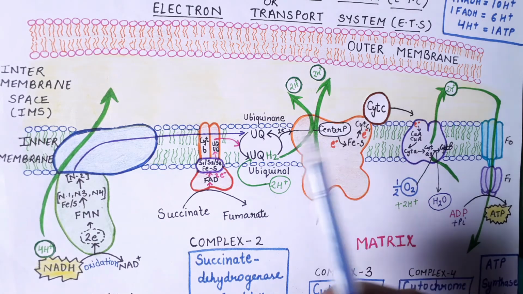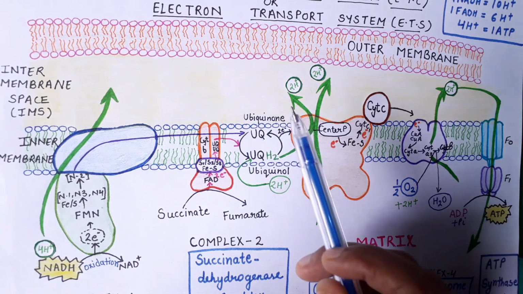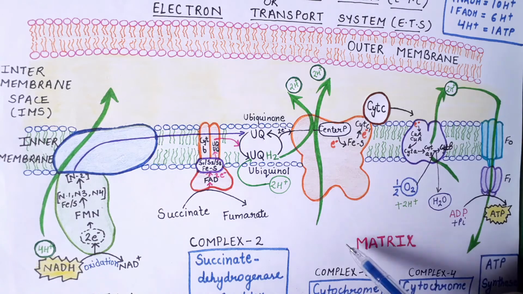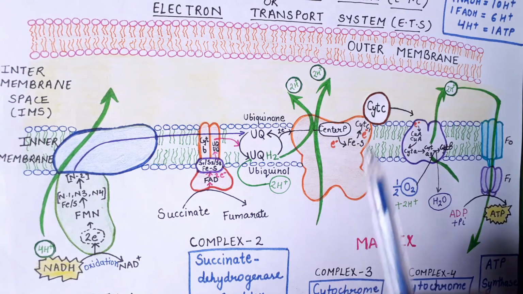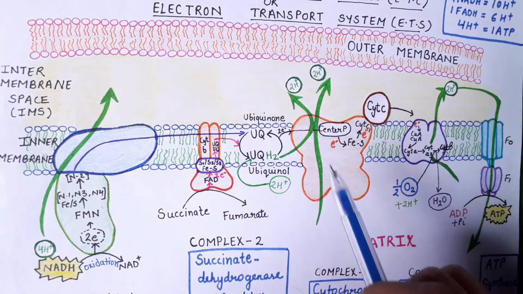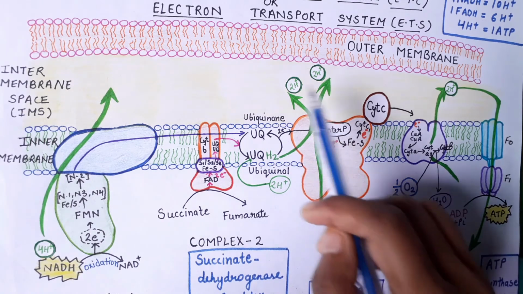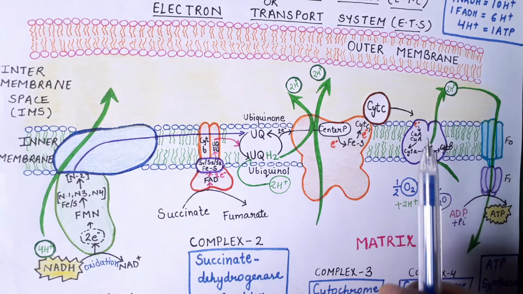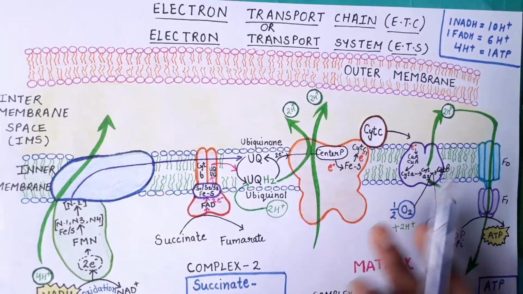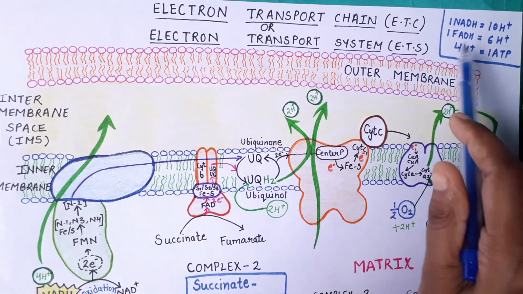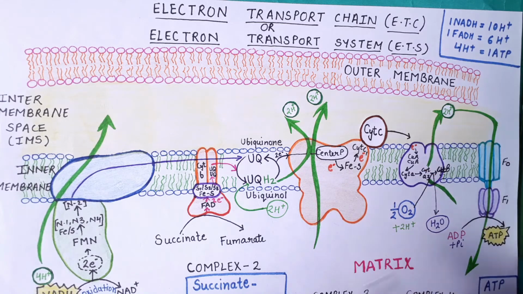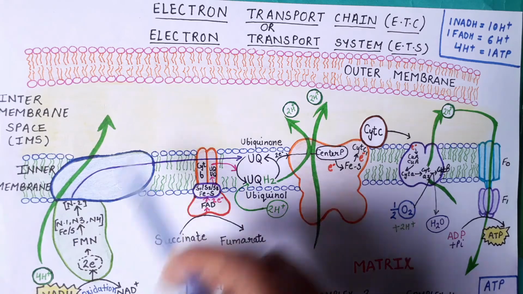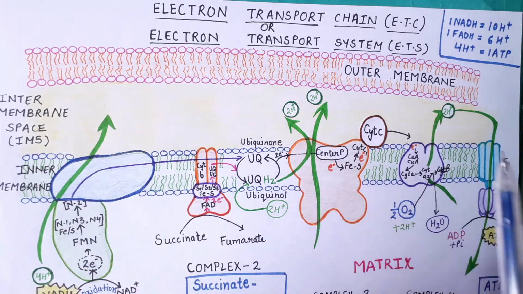So for one FADH2 molecule, how many protons have been pumped outside from the matrix into the intermembrane space? 6 protons: 4 protons from complex 3 and 2 protons from complex 4. So from one FADH2 molecule, 6 protons have been pumped outside because there is no role of complex 1 in the case of FADH2.